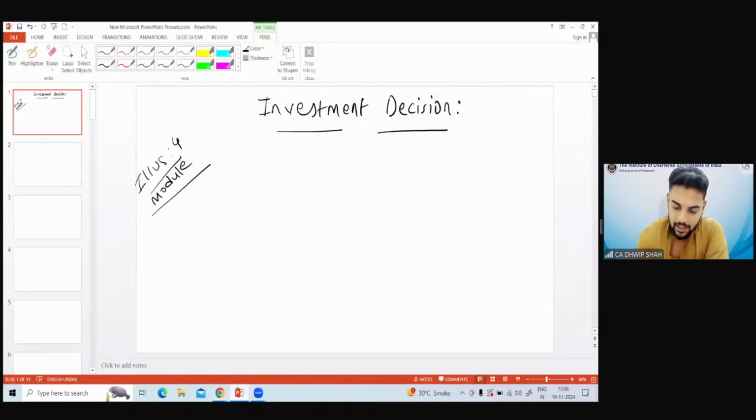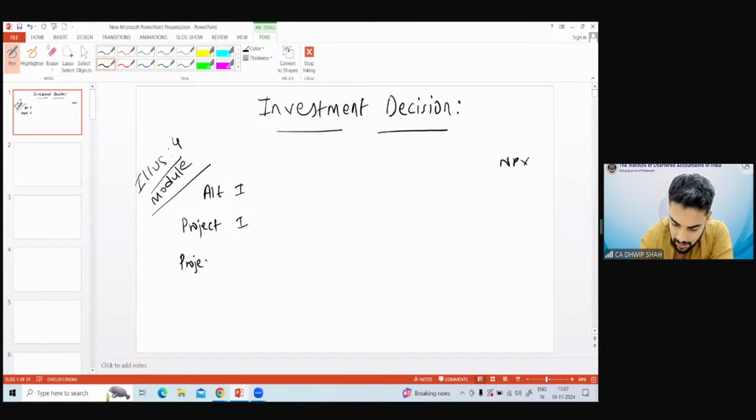So ideally, can I say there are many alternatives available. Alternative number one, when only project 1 is taken, we have to calculate NPV. When only project 2 is individually taken, we have to calculate NPV. When project 3 is only taken, then we will calculate NPV.